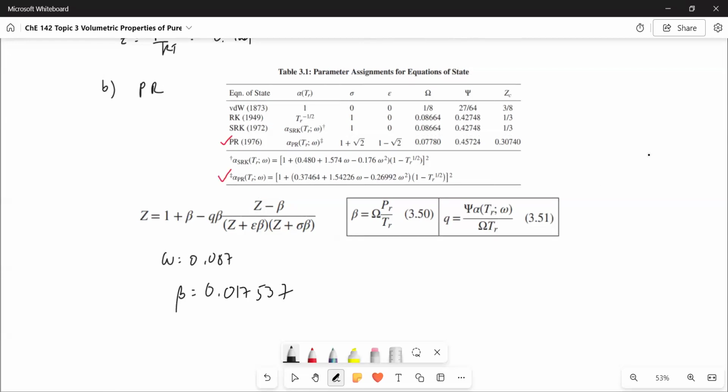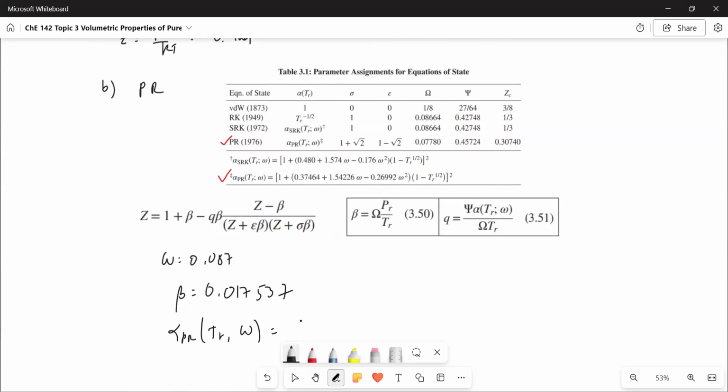And then for Q, you need alpha as a function of TR and the eccentric factor. So you have to solve that first. Substitute TR and the eccentric factor, and what you will get is 0.97.